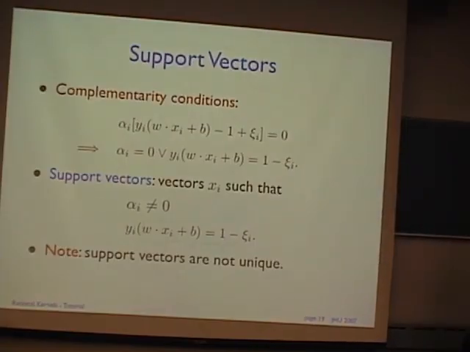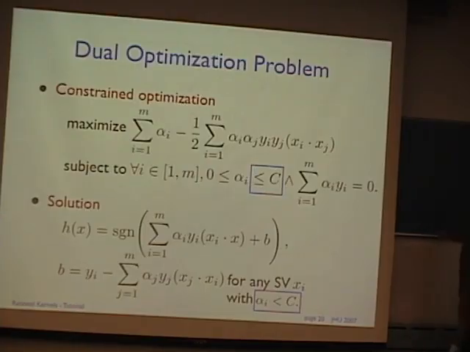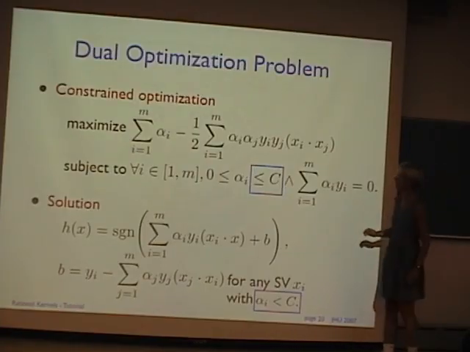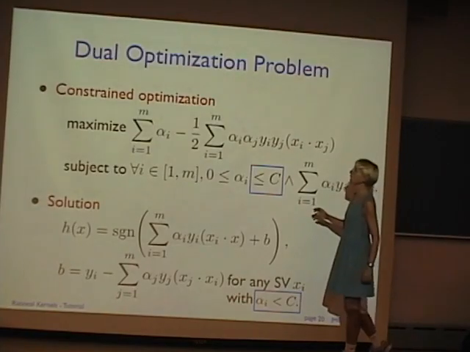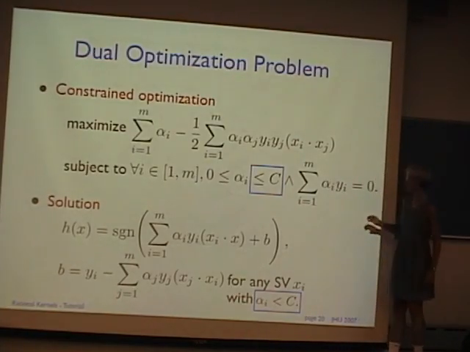And if we substitute the expressions from the conditions back into our optimization problem, we get the following optimization problem. Again, a convex optimization problem where you can use all your standard tools and techniques. It looks very much like the optimization problem we had before.